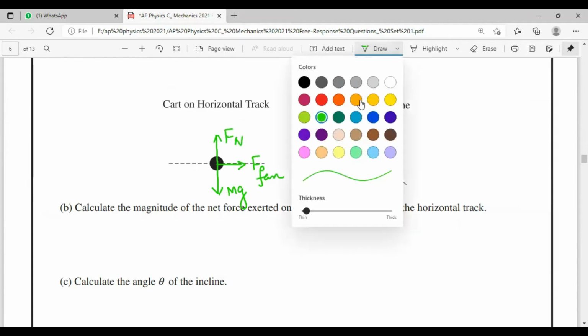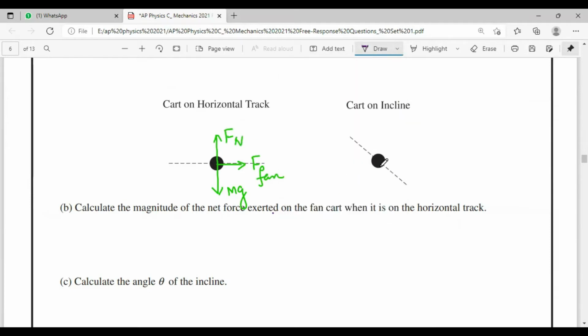And similarly, on the inclined plane, there will be a force mg downward, a force F air, or we can say F fan, and there will be a normal force, that is the Fn. Okay, so this completes our first question.